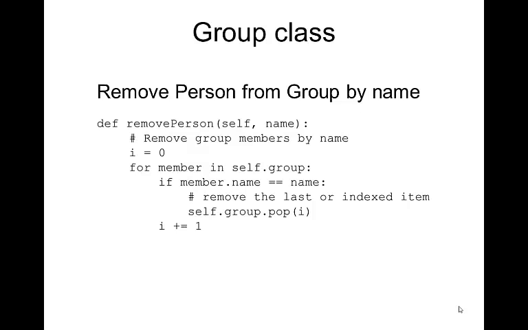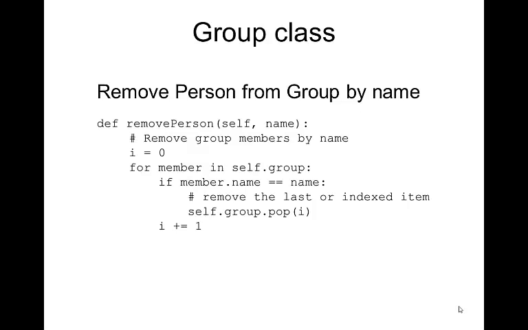So I need a little iteration here because I have to loop through all the people in the group. I start with 0 because that's where you start on an iteration. Iteration just means to repeat. So I do a loop for member in self.group. I'm just looping through the list. The list is self.group, and each time I get to a person, it's called the member.